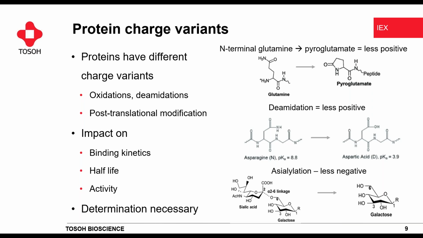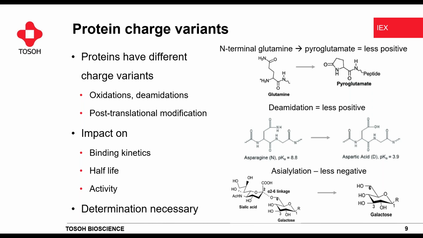Then, of course, you also have charge variants of your protein. These can be due to modifications of your protein, like oxidation, deamidation, or post-translational modifications like phosphorylation, for example. And these modifications influence the binding kinetics of your sample.